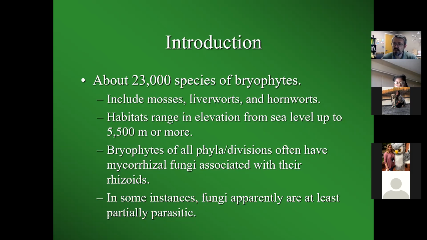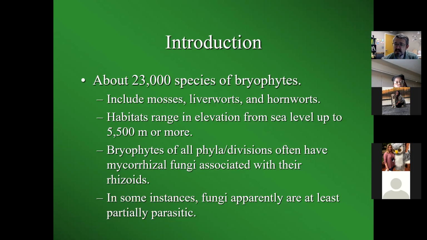The bryophytes of all of their divisions have mycorrhizal fungi associations with their rhizoids. They don't have roots, but they have these things called rhizoids to help them stay in place. And they interact with what's called a mycorrhizal fungus, a kind of symbiosis, where the fungus will bring nutrients and water that's further away to the plant, and the plant gives the fungus photosynthetic product.